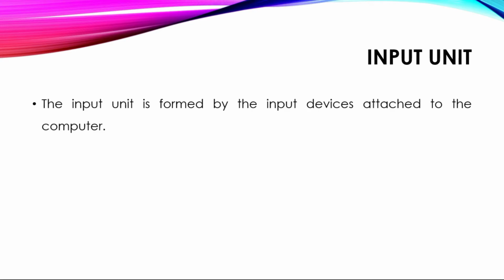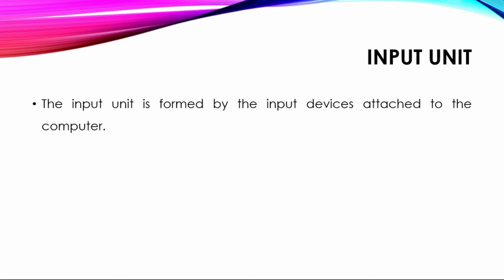So here we go with the first, that is input unit. The input unit is formed by the input devices attached to the computer. There is a difference between input unit and input devices. Input devices are through which we are giving some input data to the computer.